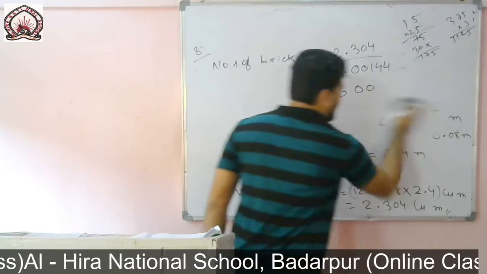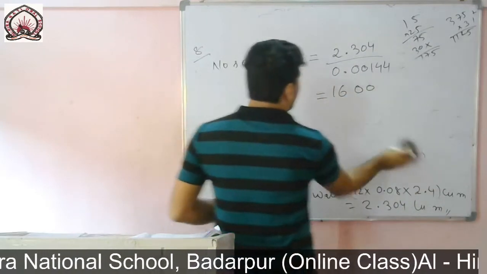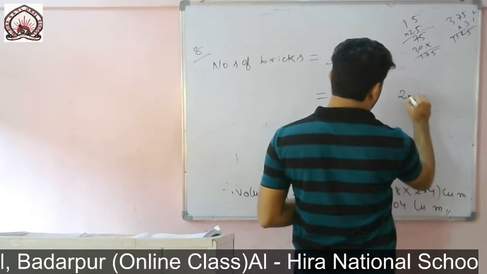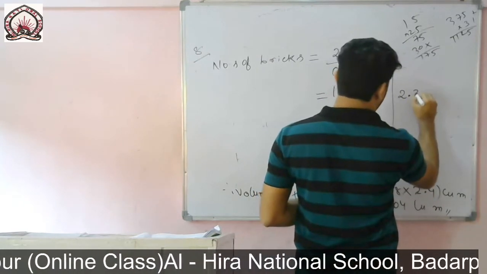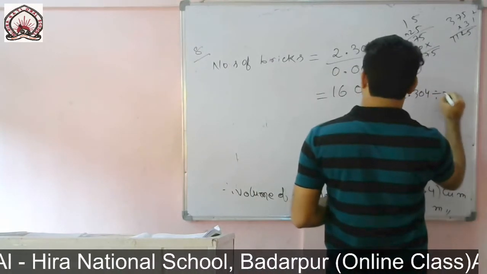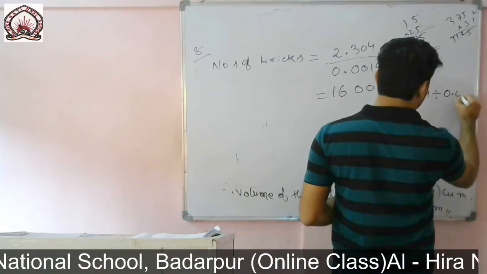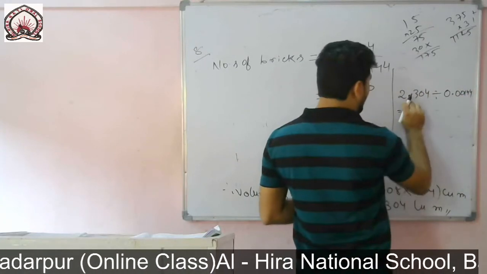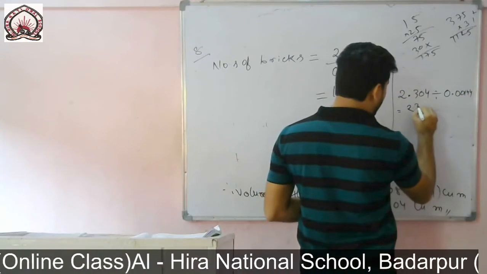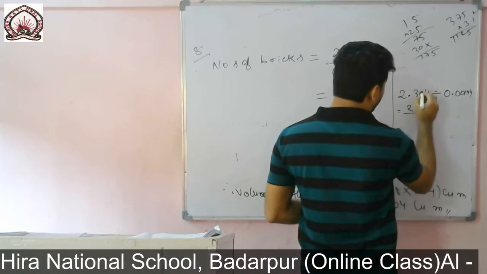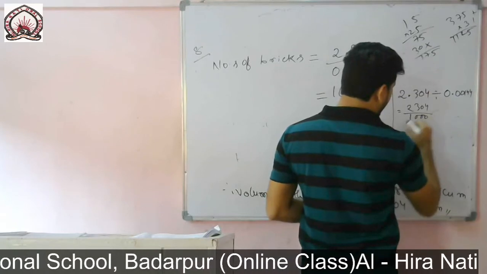Okay, how to divide, you see, you divide at your home. 2.304 divided by 0.00144. Okay, so first you omit the point, then it will become 2304, and there are 3 digits after the point, so we'll divide by 1000.